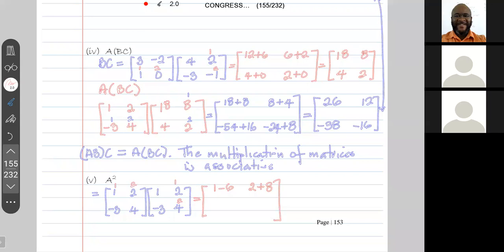All right, next, we're going to go bottom row, left column.